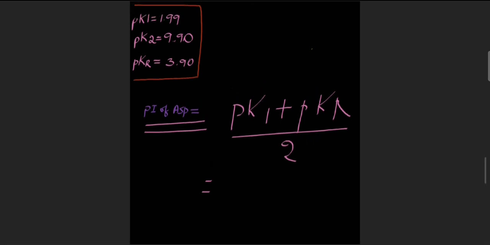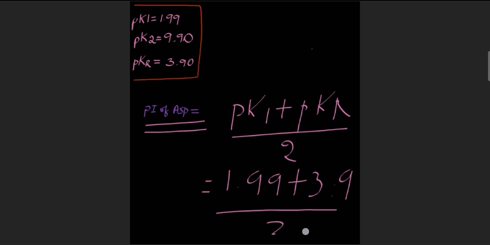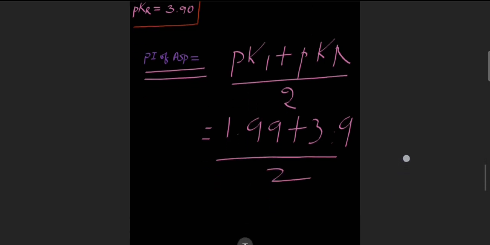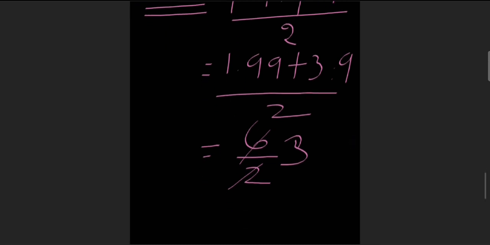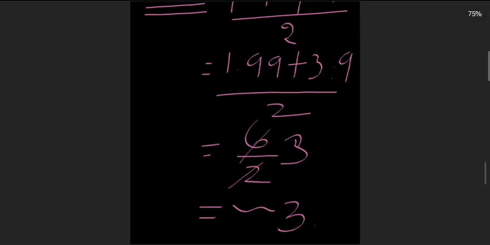The pKa₁ is 1.99 plus pKa is 3.9, divided by 2. This is approximately 2 plus 4, that will be 6, divided by 2, and it will be 3. So it will come to something like 2 point something, approximately 3. So this is the isoelectric point of aspartic acid.